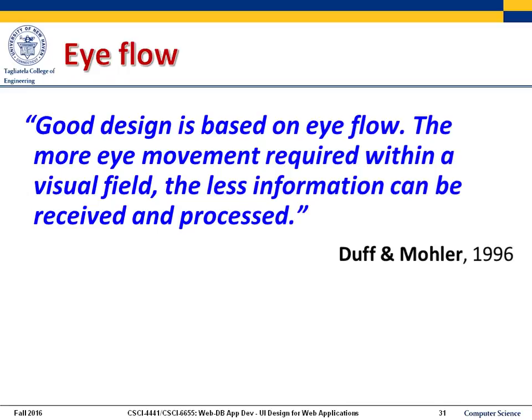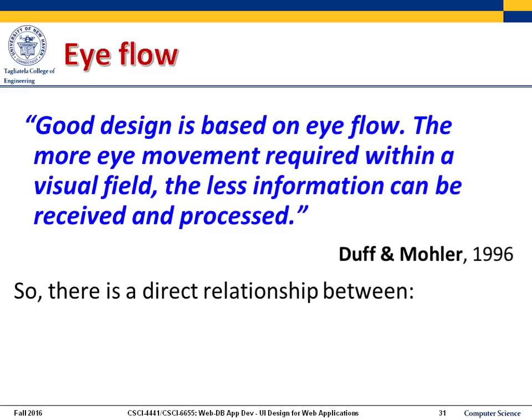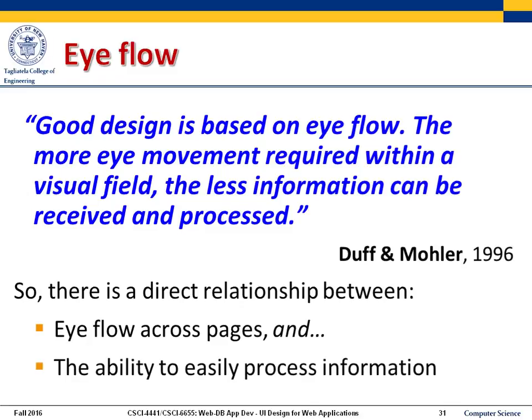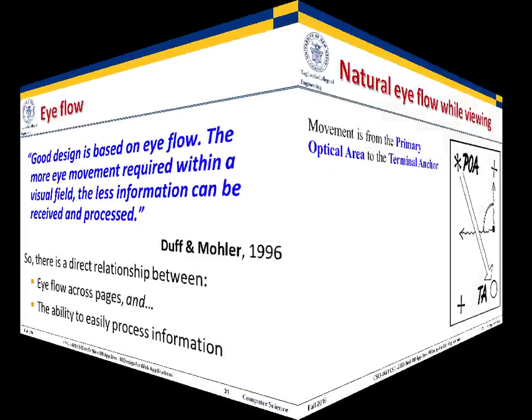The more eye movement that's required in the field of what you're looking at, the less information can be received and processed. That's just physiology. So there's a direct relationship between how your eye flows across the design of your pages and the ability to easily process that. Okay? That's just physiology.